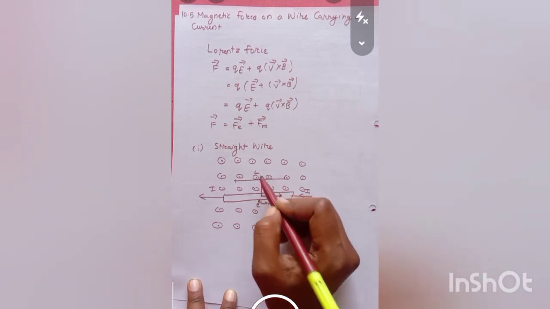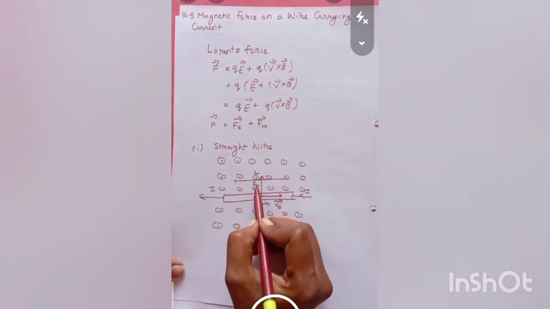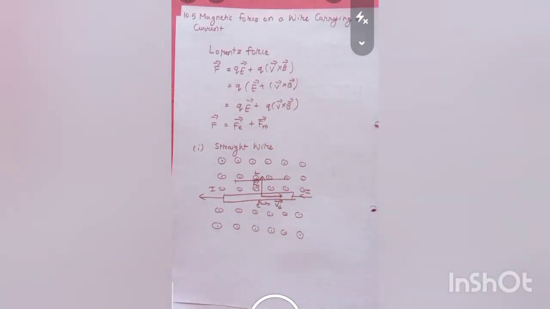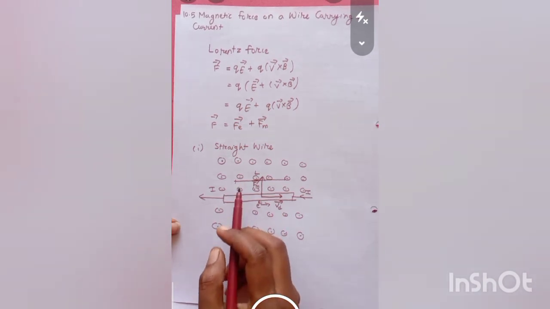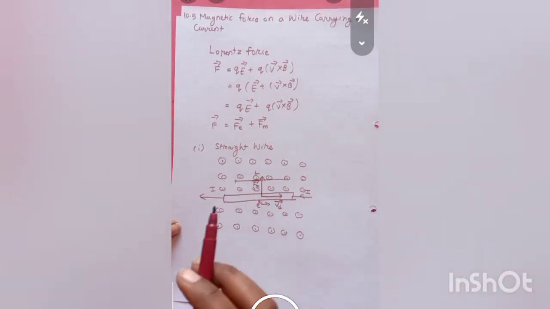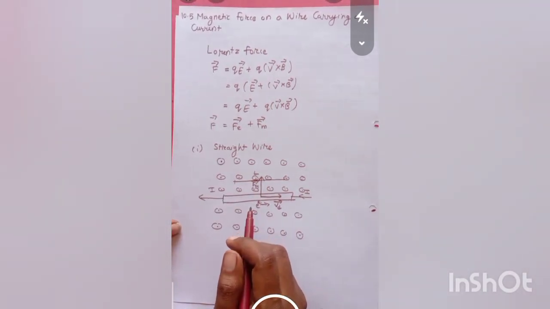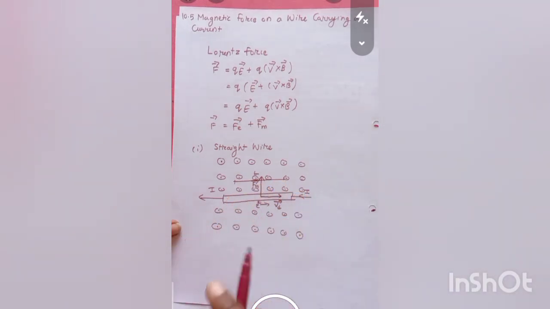This will be the direction of the magnetic force Fm, like this. So the electron in the wire having drift velocity Vd experiences the magnetic force Fm in the upward direction. How is it experiencing it in the upward direction? Because the applied magnetic field is coming out of the plane of the paper.